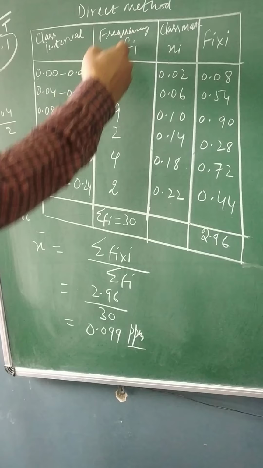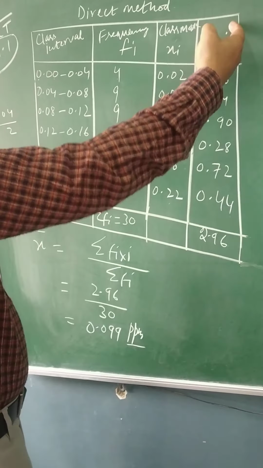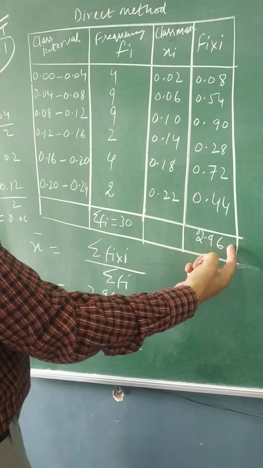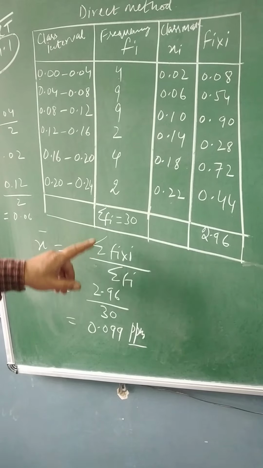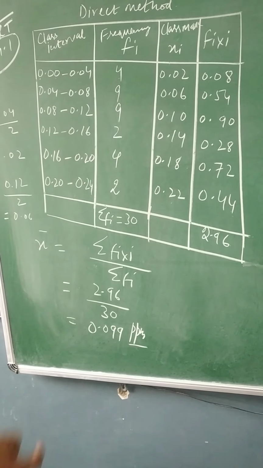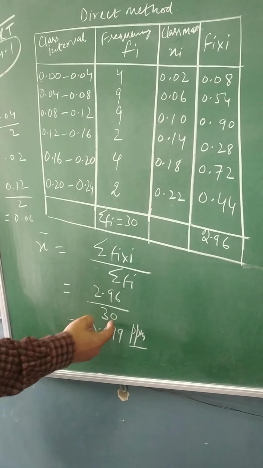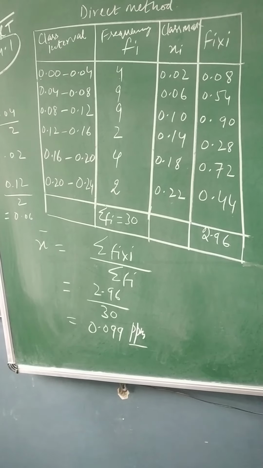Then the sum of the frequencies, that is sum of fi, is 30, and the sum of all these products comes to 2.96. Write the formula, sum of fi xi divided by again the sum of all the frequencies. So this is 2.96 upon 30 and your answer will be equal to 0.099.